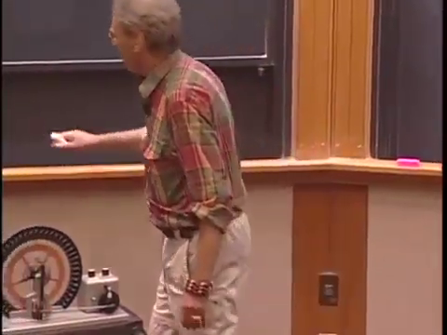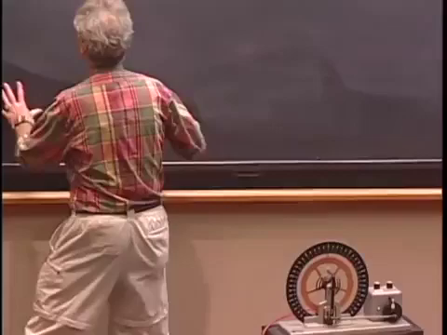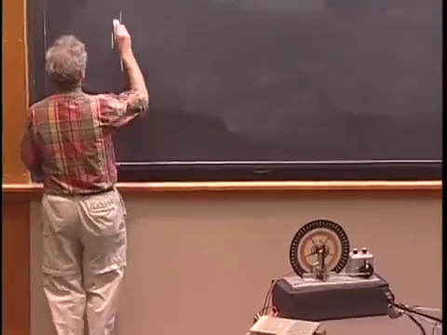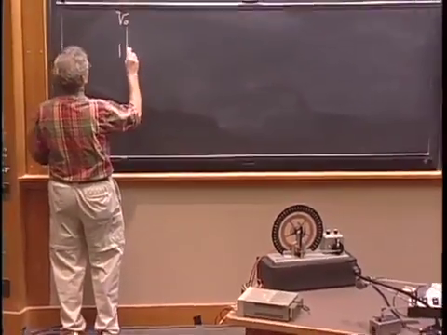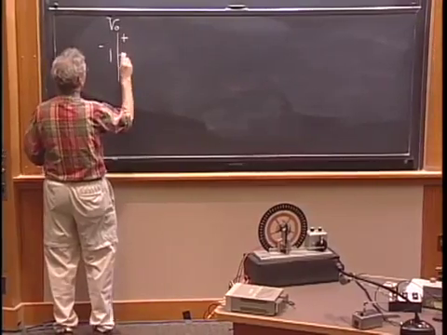I will now take you back to the good old days of 802. And I will take you back to an RLC circuit whereby you have a battery. This is the plus side and this is the minus side.